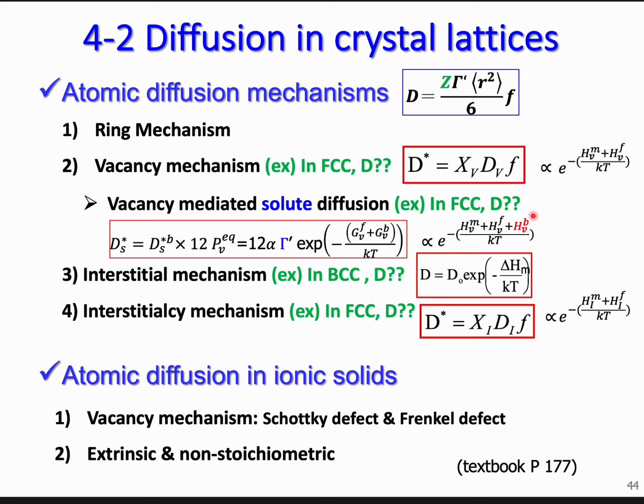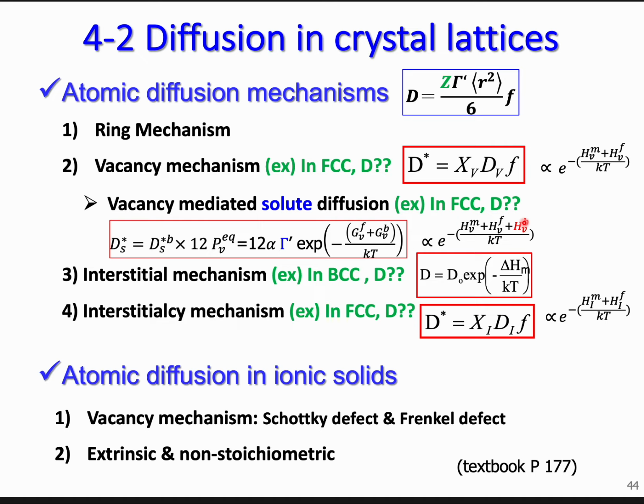And as you know, the binding energy is negative, so this plus a negative term, after summation you get a smaller value here, right? So the exponential minus a smaller value, so the diffusivity of the solute for sure will be larger than the diffusivity of the host atom, because this is a negative term, okay?